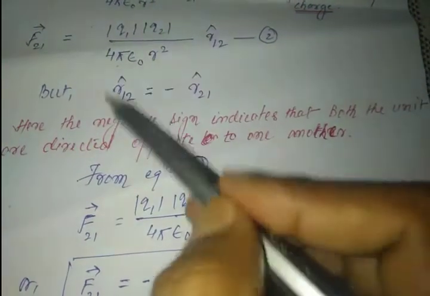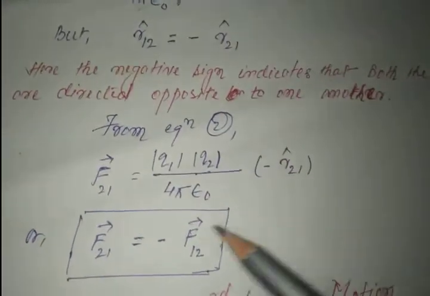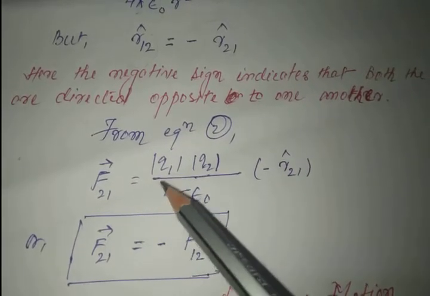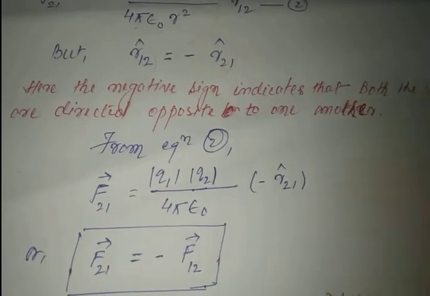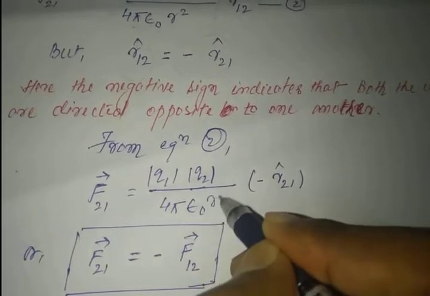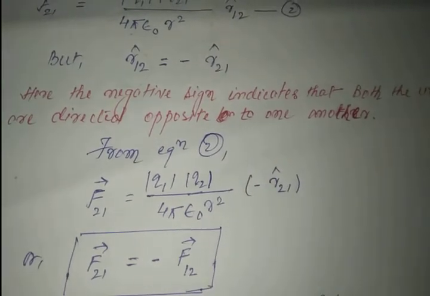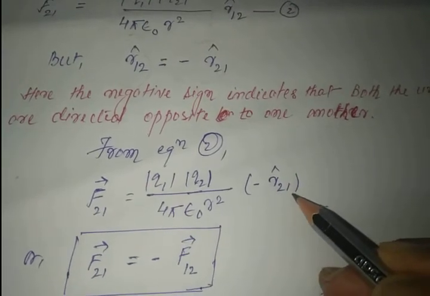If you put this value here in equation 2, what do we have? We have F21 vector equals Q1 Q2 by 4 pi epsilon naught r square, minus r cap 21.